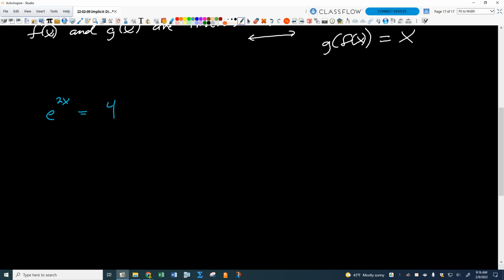You remember that? How do I unlock an exponential or undo an exponential function? Yeah, I do the natural log, because natural log and base e exponentials are inverse functions, right? So that's how I undo the exponential.